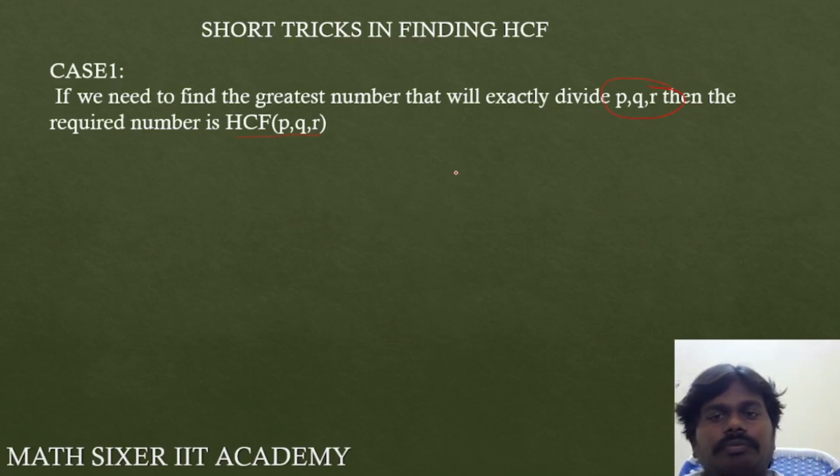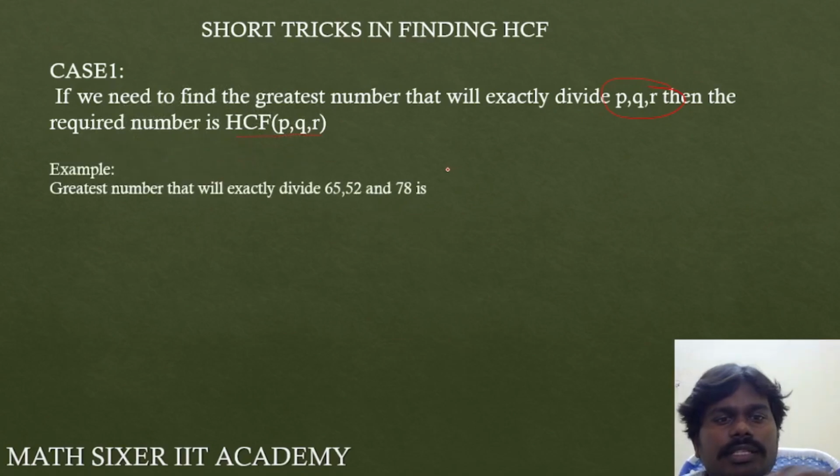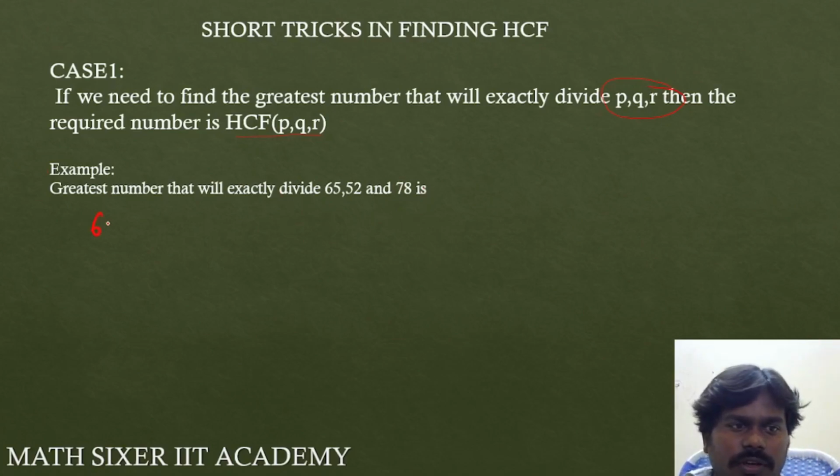Here we will see one example. The greatest number that will exactly divide 65, 52 and 78. The greatest number that will divide all these numbers means finding the HCF. 65 is 5 into 13.